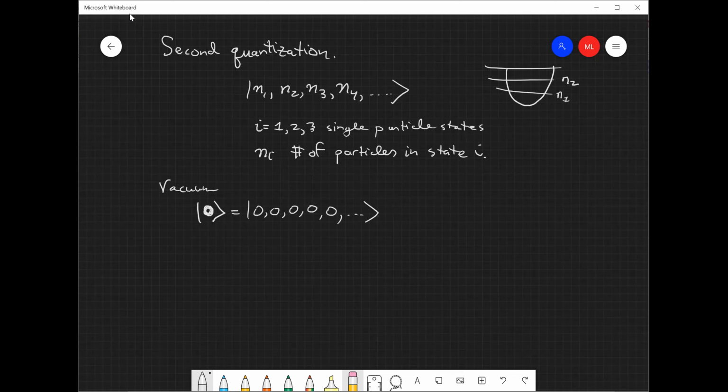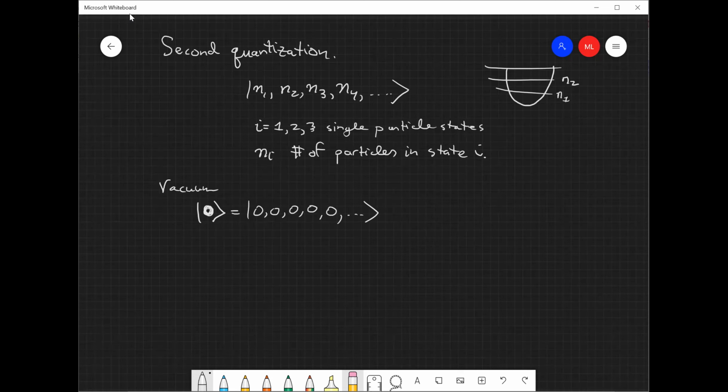And then what you can do is introduce creation and annihilation operators, which pop particles in or out of your state at a particular energy level or at a particular quantum state.